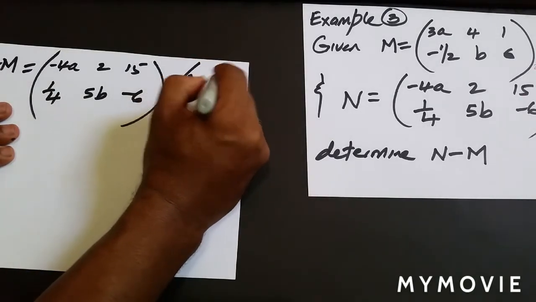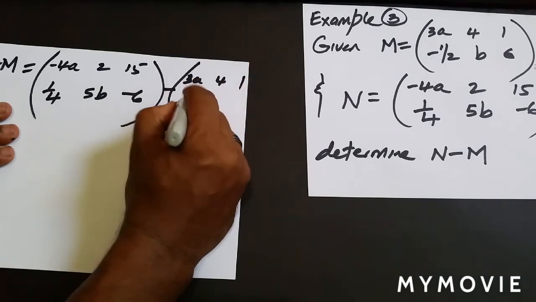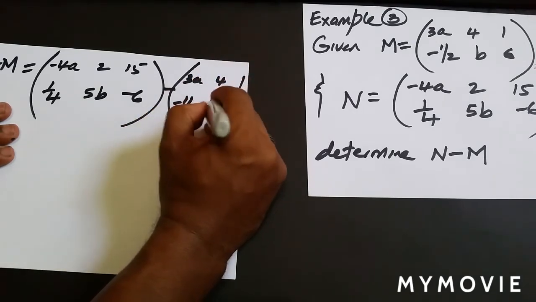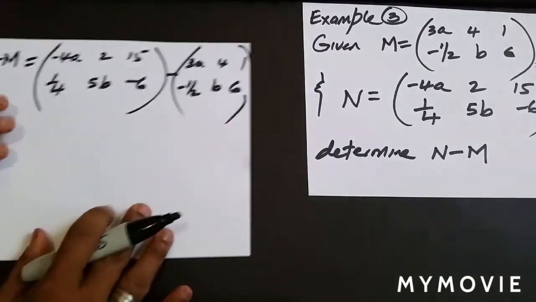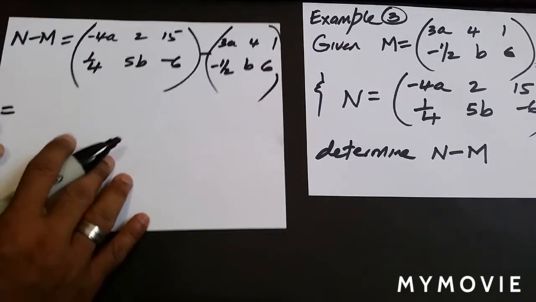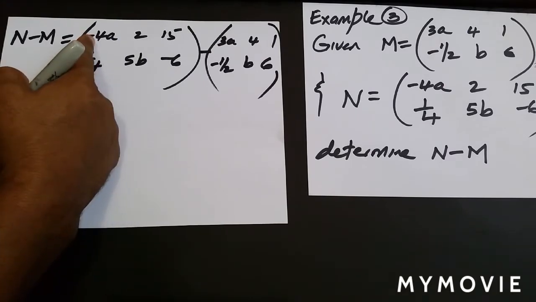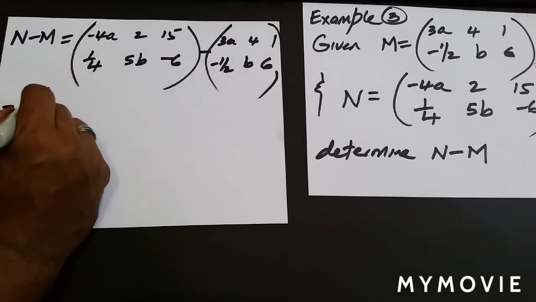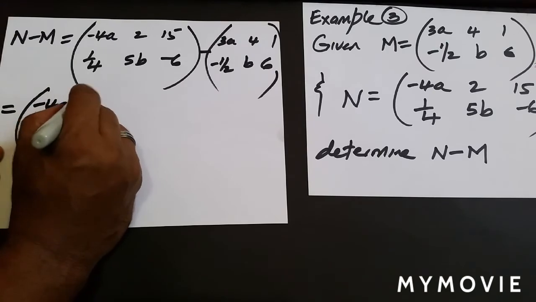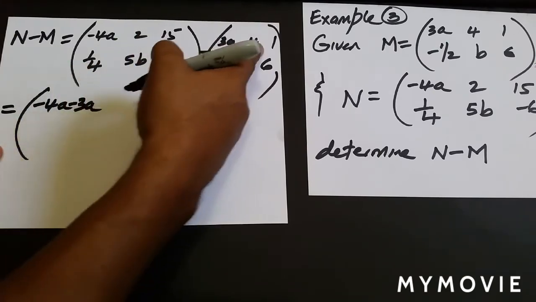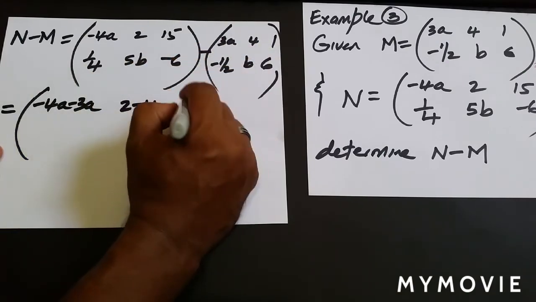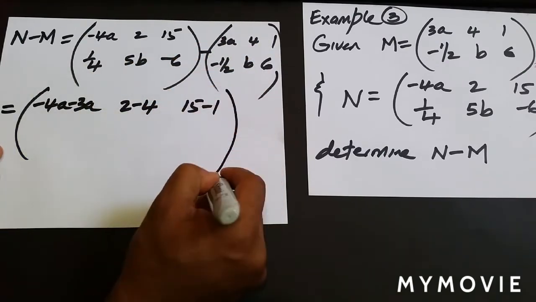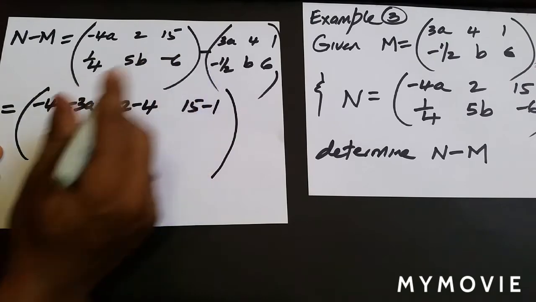So this is 3A, 4, 1, minus a half, B and 6. Remember, this is 6 over there. So equals, remember corresponding elements: minus 4A minus 3A, 2 minus 4, 15 minus 1, a quarter minus negative a half.